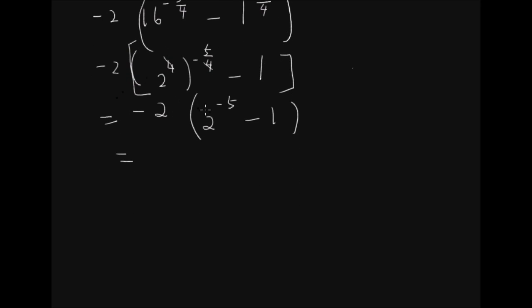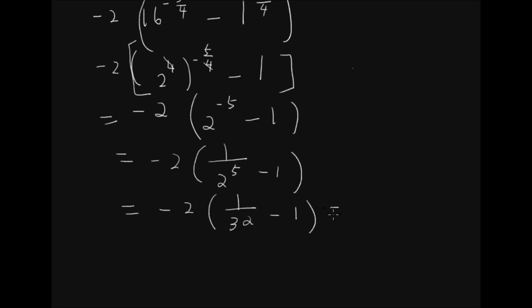Anytime you have a negative power, we just think of the reciprocal, which is 1 over 2 to the positive 5 power. So negative 2 still outside, 1 over 2 to the positive power, then minus 1. Now it's negative 2 times 1 over 32 minus 1.